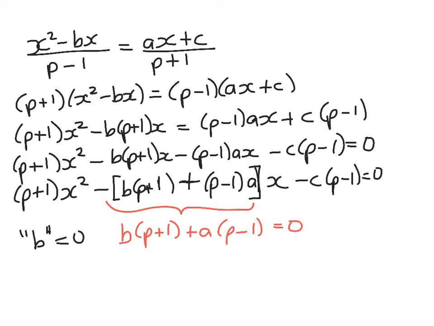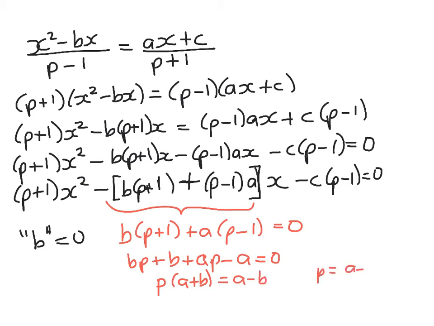And we'll get b plus b plus ap minus a equals 0. So rearranging that, we've got p times a plus b is equal to a minus b. So p is a minus b over a plus b. So this obviously overlaps massively with what we did in the first video. But there you go, that's how far we've got so far.